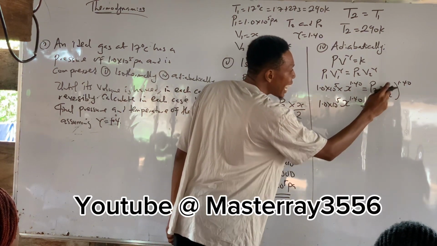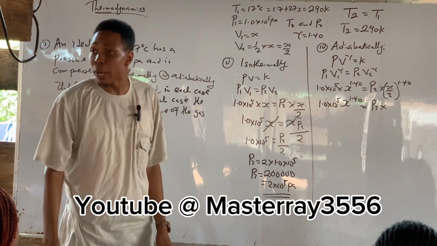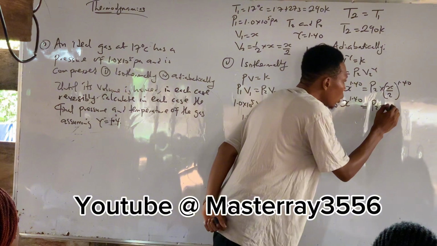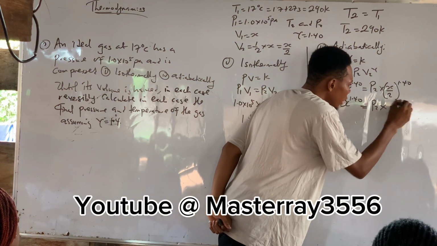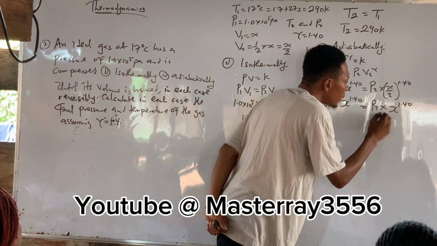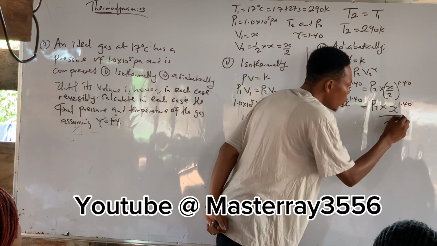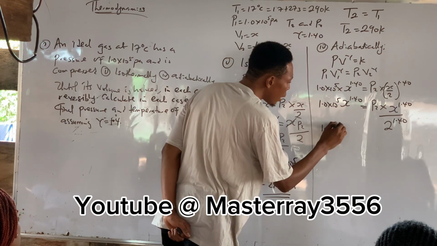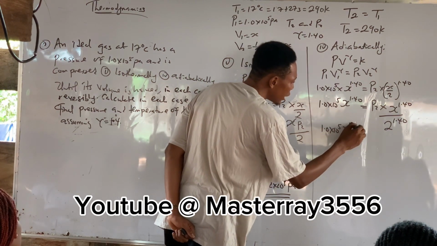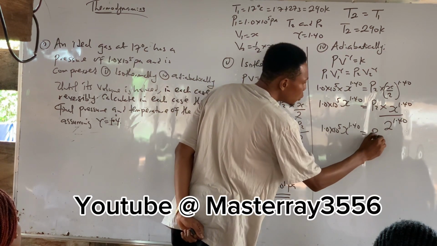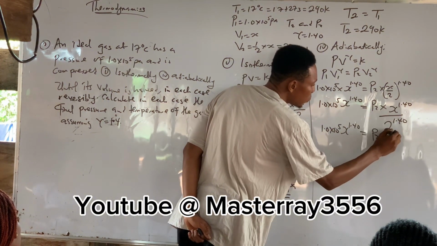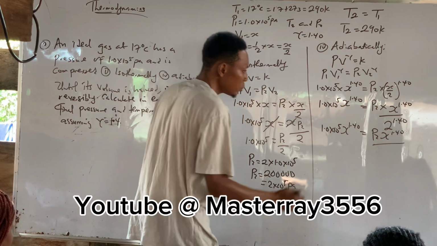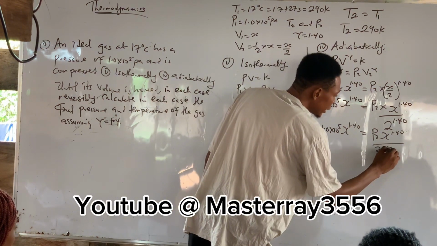Don't forget, everything inside the bracket is raised to 1.40. So we have 1.0 times 10 raised to power 5 times X to the 1.40 equals P2 times X to the 1.40 all over 2 raised to power 1.40, which is 2.639.